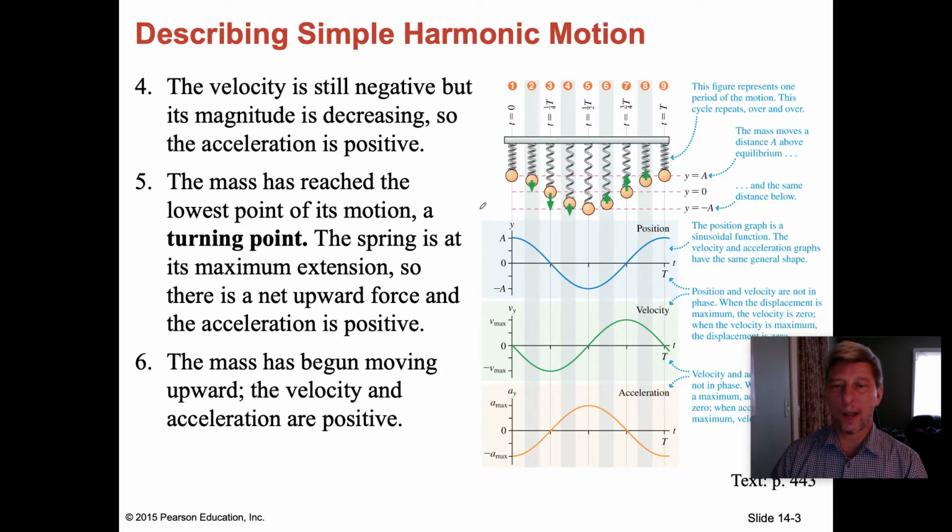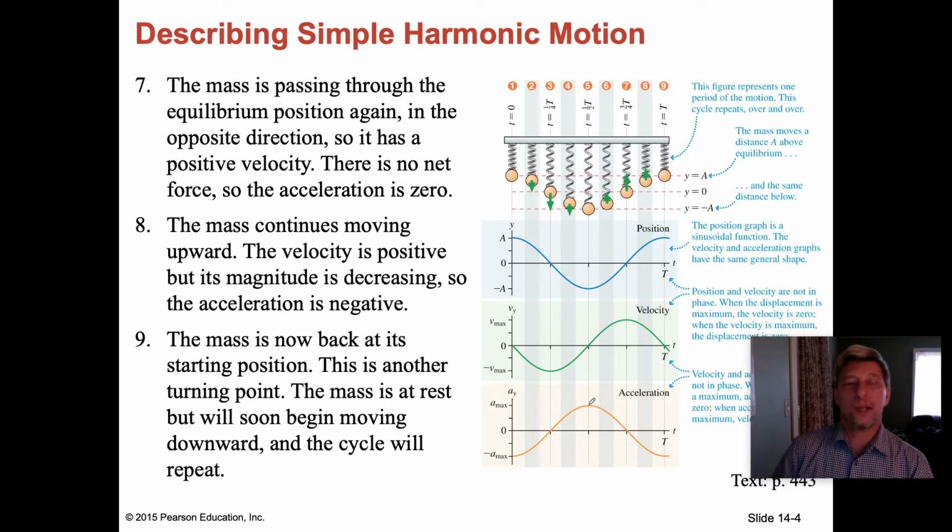All right, and so we're now at negative A in terms of amplitude, which is its turning point. And so here's the negative amplitude. At this point, the velocity is 0, okay, because it's stopped again, and its acceleration is maximum in the positive direction, right? Because now it's going to start accelerating upward.